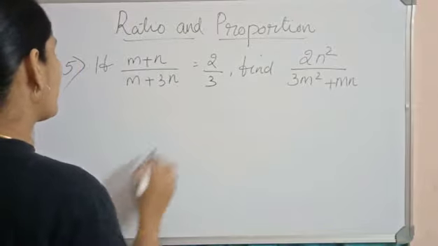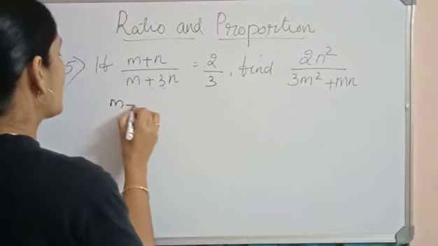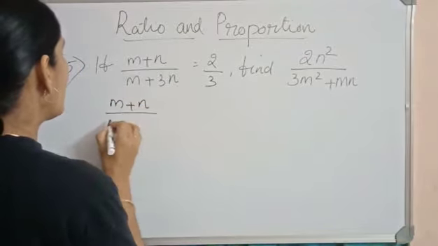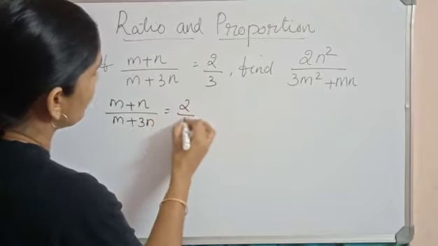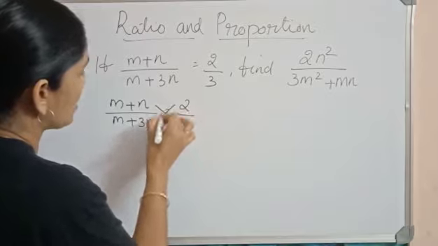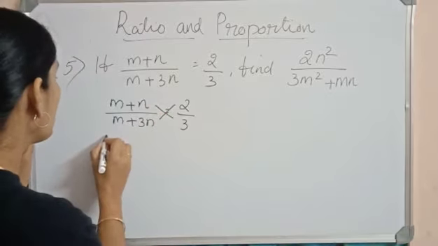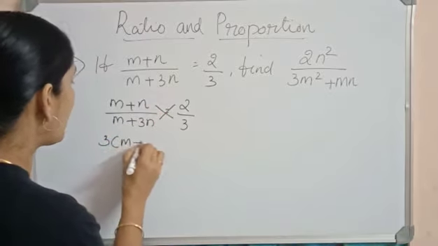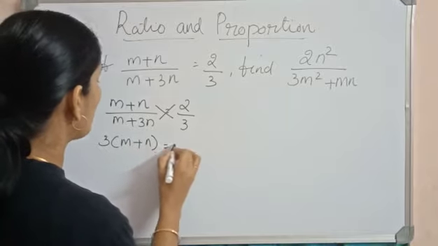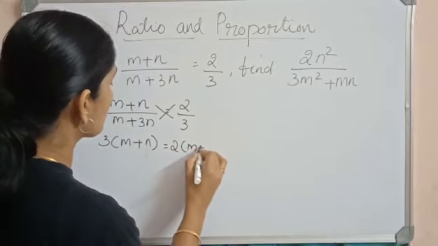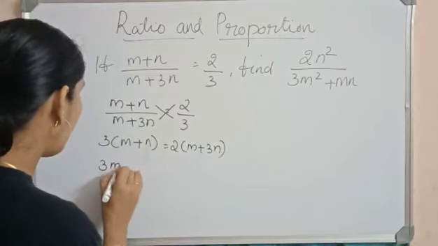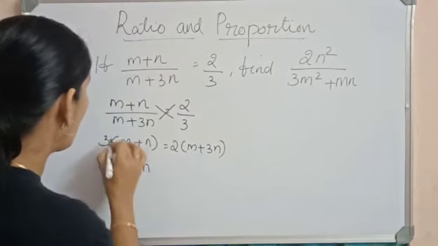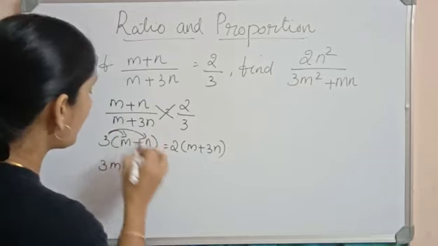Let's start simplifying this. It is (m plus n) by (m plus 3n) is equal to 2 by 3. Let's cross multiply this. This will be 3 into (m plus n) is equal to 2 into (m plus 3n). This is 3m plus 3n, by multiplying 3 inside.